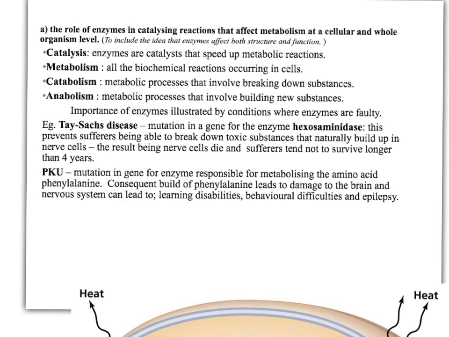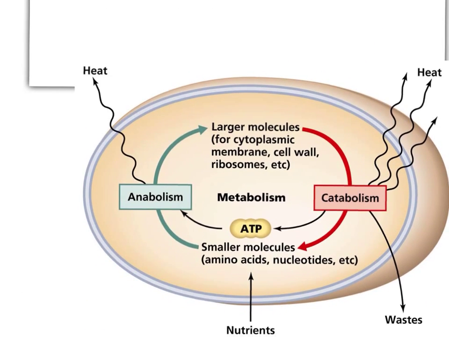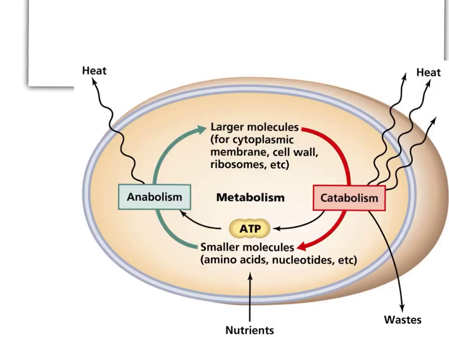If I move down and look at the diagram here, it tries to illustrate the idea of metabolism. Here I have a cell, and the cell has got metabolism, which are all the biochemical reactions that occur within this cell. Each of these biochemical reactions will be catalyzed by a specific enzyme.